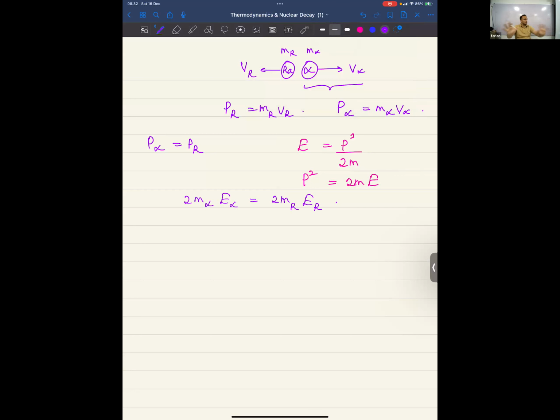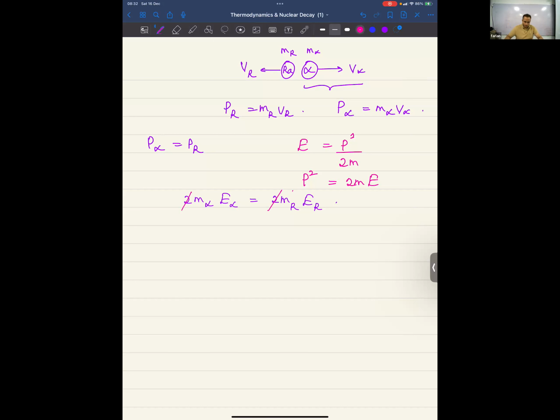P is the same for both, so P square is the same for both. So that means the 2ME product is the same for both. Correct? So I can cut the 2's. So basically M alpha E alpha equals MR ER.